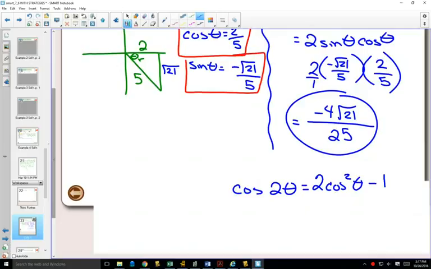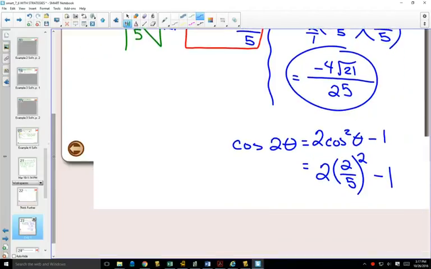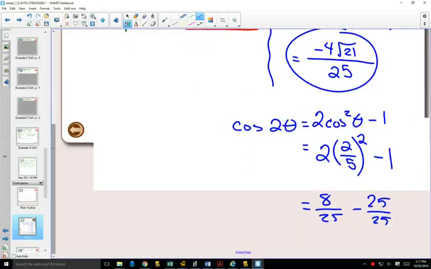So in this case, we know that cos is 2/5, so cos squared would be 2/5 squared minus 1. Order of operations, you would square first. 2/5 squared will be 4 over 25, times by another 2 would be 8 over 25, minus 1, which I'll make a common denominator of 25 over 25.